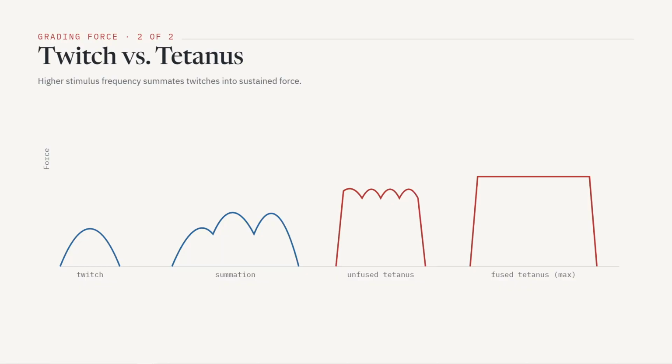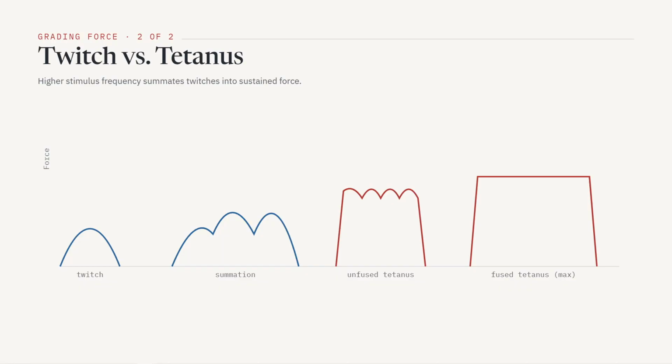A single action potential produces a twitch, one brief contraction and relaxation. But if a second stimulus arrives before the muscle has fully relaxed, the second twitch adds on top of the first. That's summation. Increase the frequency further, and the twitches blur into a sustained but still bumpy contraction, unfused tetanus.